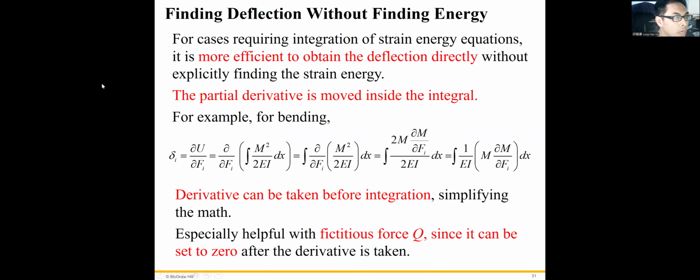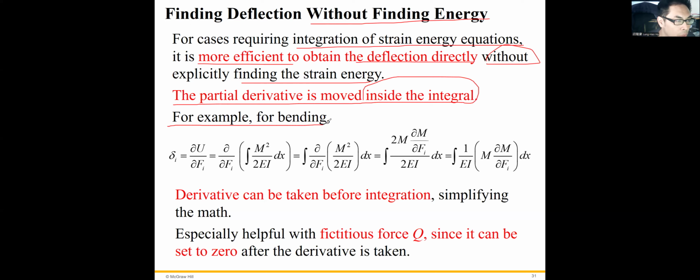Okay, so finding a deflection without finding energy. For cases requiring integration of the strain energy equation, it is more efficient to obtain the deflection directly without finding the strain energy. So the partial derivative is moved inside the integral.